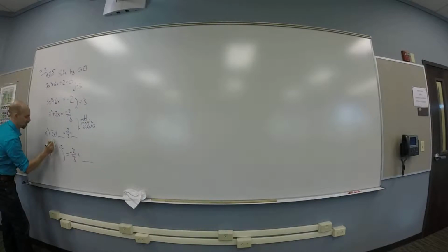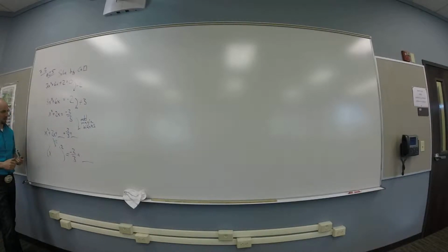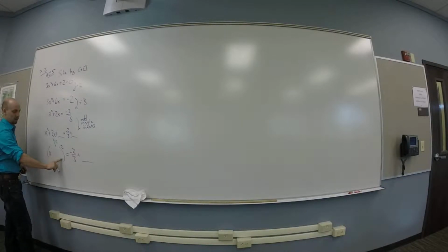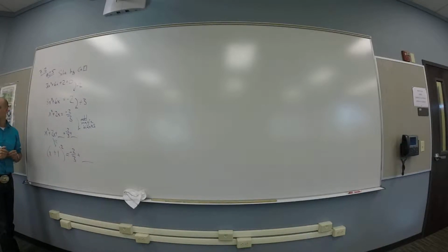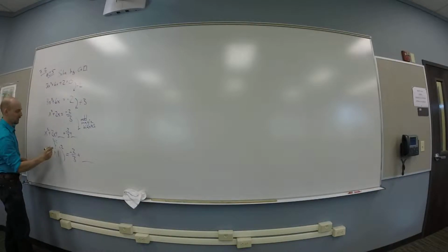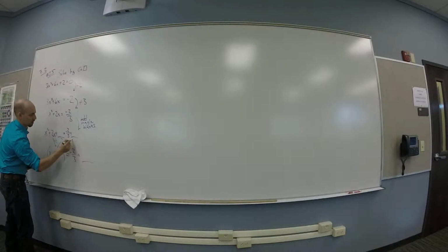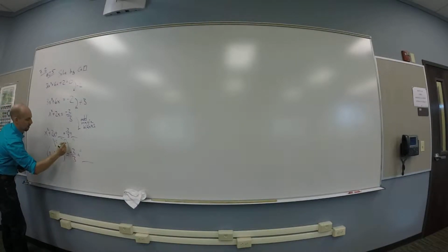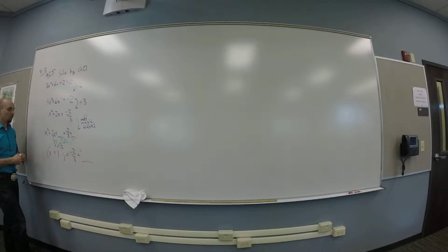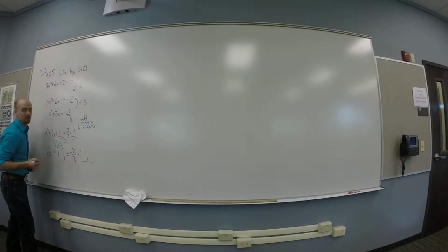Divide by 2. So what do you put here? Plus 1. Then how do you get the blanks? You square it. Square what? 1. You get 1. So I get 1 in each blank, right?